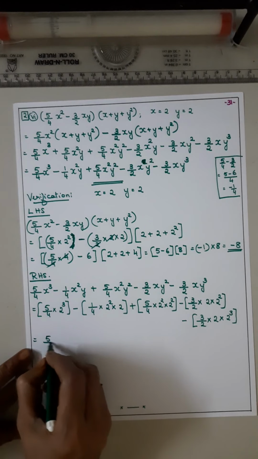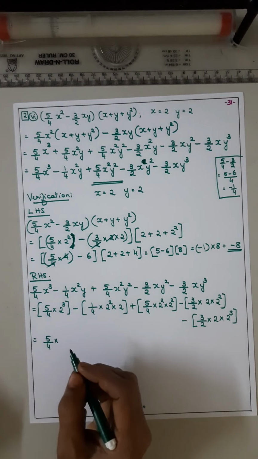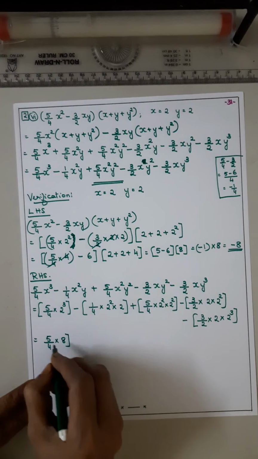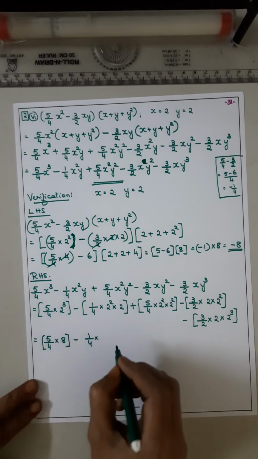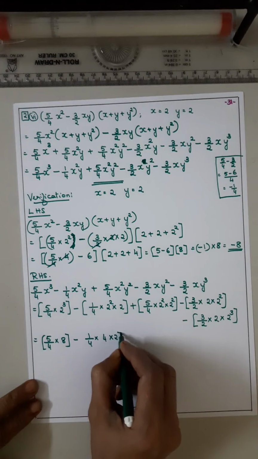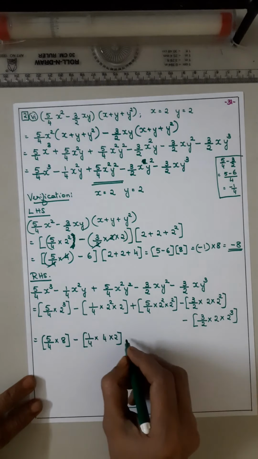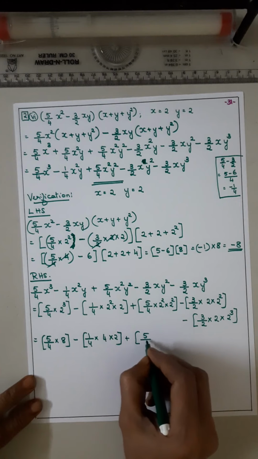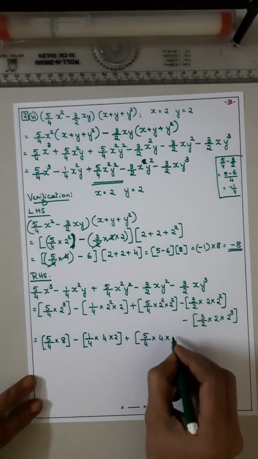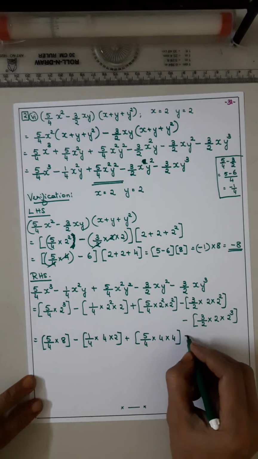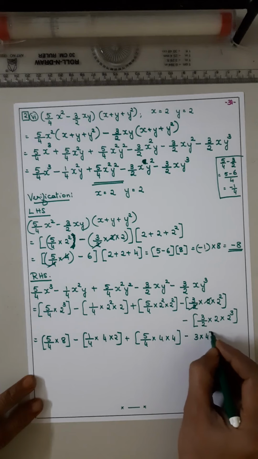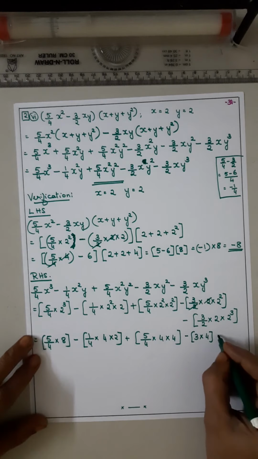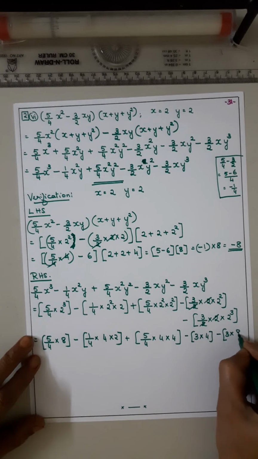Now 5 by 4 into 2 cube is 8, minus 1 by 4 into 2 square is 4 into 2, plus 5 by 4 into 2 square is 4, 2 square is 4, minus 2 gets cancelled, 3 into 2 square is 4, minus this 2 gets cancelled, that is 3 into 2 cube is 8.